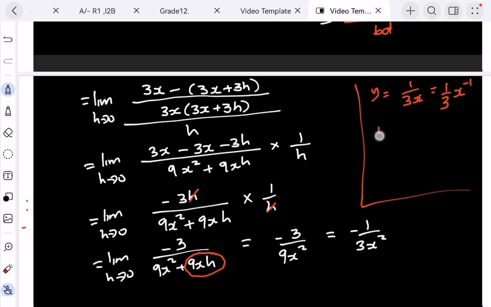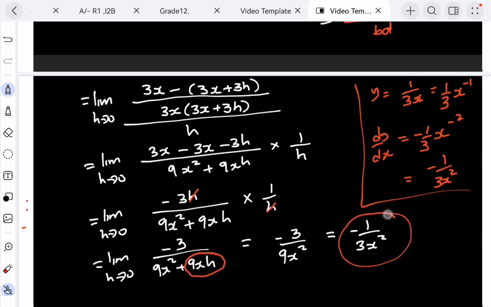Now, how do I differentiate this? You say minus 1 times 1 over 3, it's minus 1 over 3. Then you subtract 1 from the power, because the rule says n minus 1. So minus 1 minus 1, it's minus 2. Then if we take it back to the bottom, the minus 2 becomes positive, which is exactly as this one.